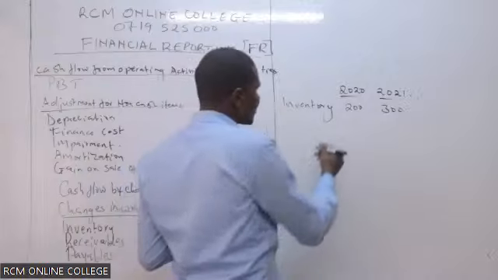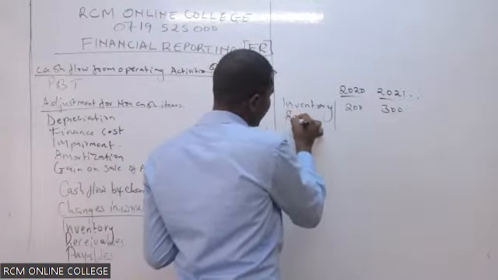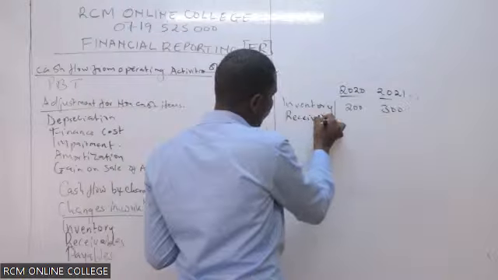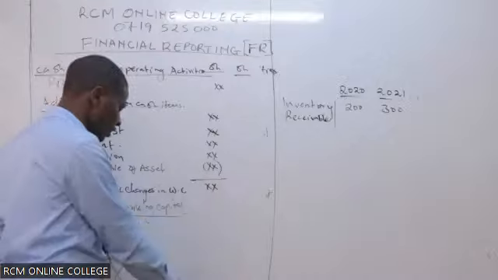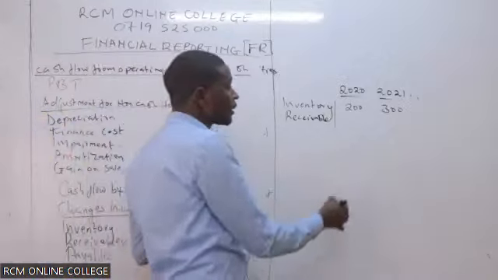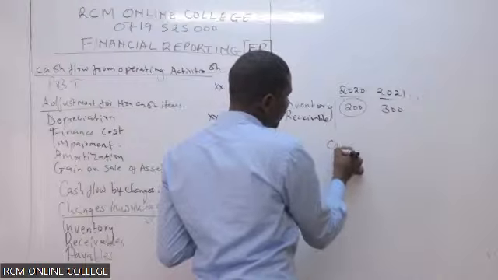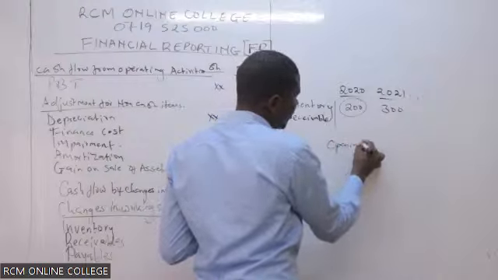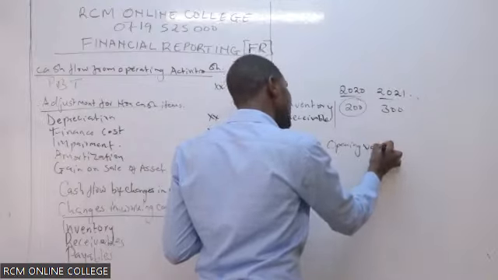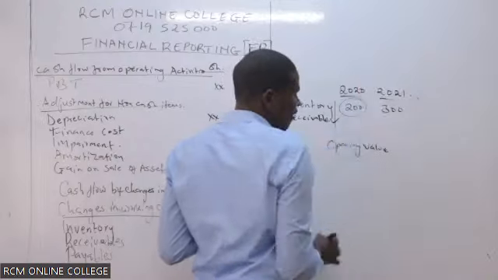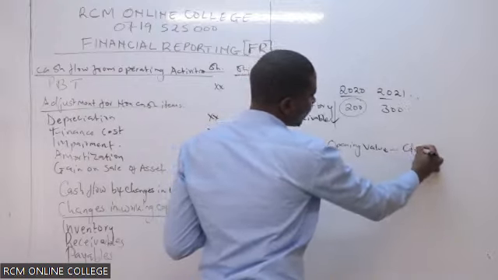So never struggle when it comes to the assets. The same case will happen to receivables. For you to know which amount you are going to record here, it is easy. Just take the opening value, and the same for receivables: opening receivable minus closing receivable.